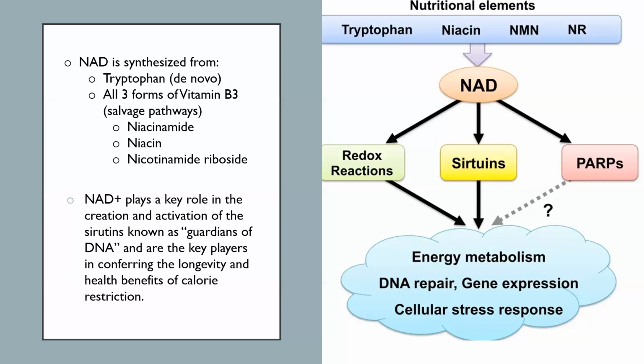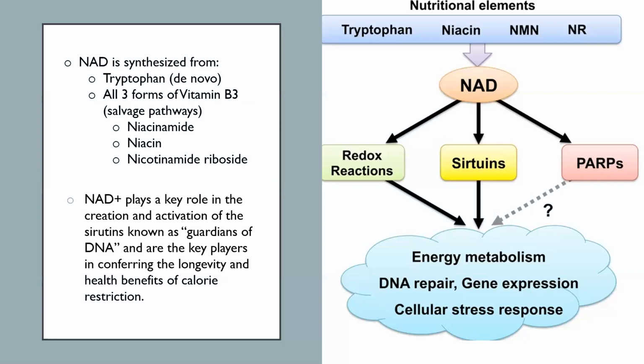NAD has its positive effects on the body through the creation of sirtuins and PARPs. Both of these are known to protect DNA and are responsible for the longevity of human beings and animals. NAD is also involved, as I spoke about previously, in redox reactions, which are essential to energy metabolism, DNA repair, gene expression, and all of those things.